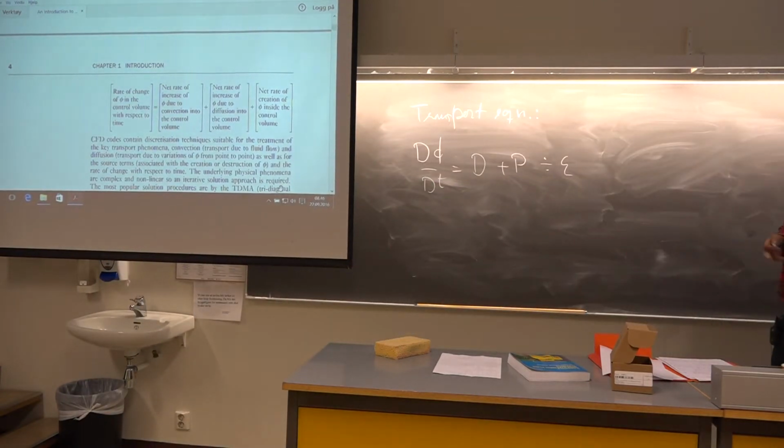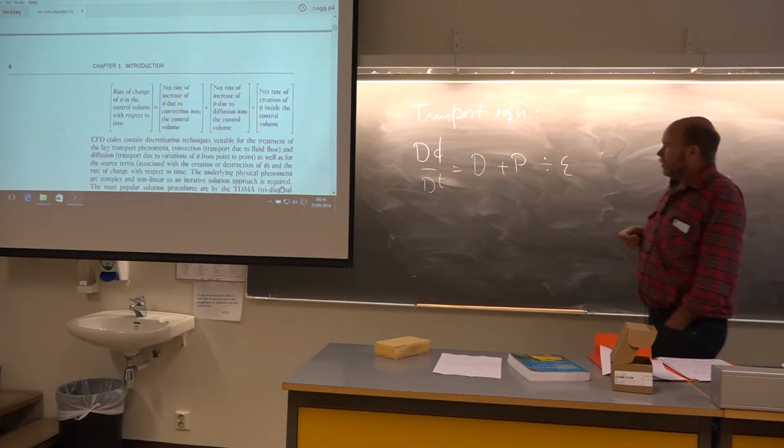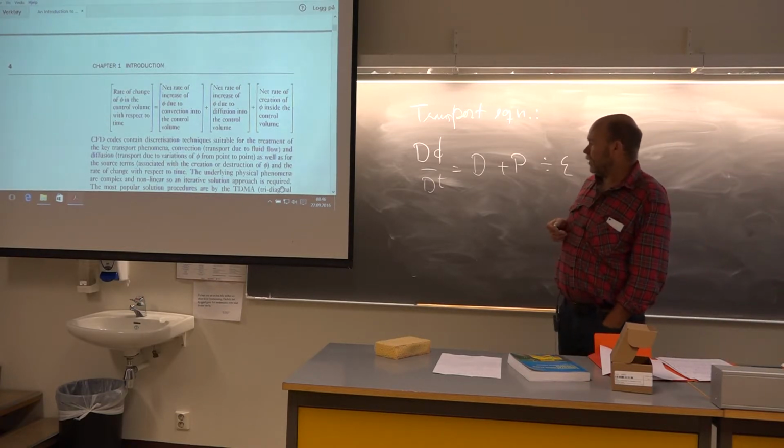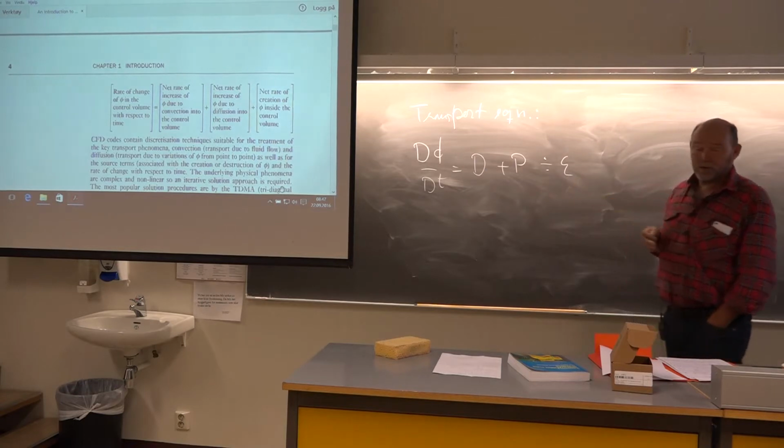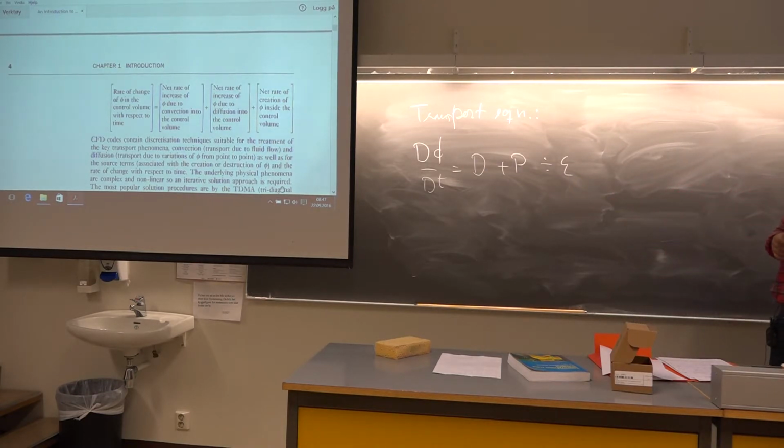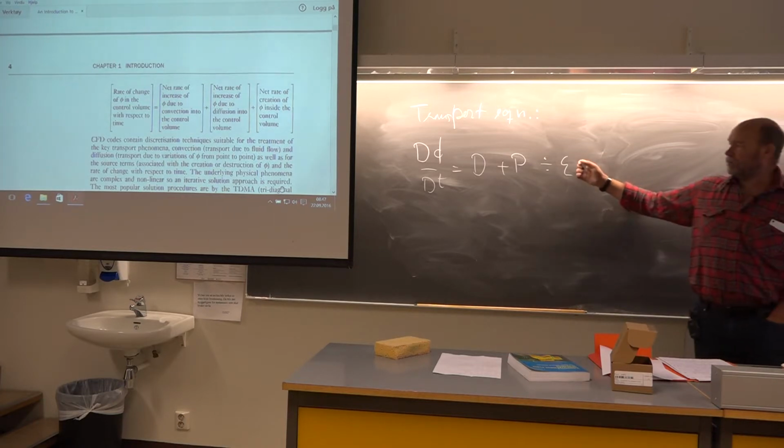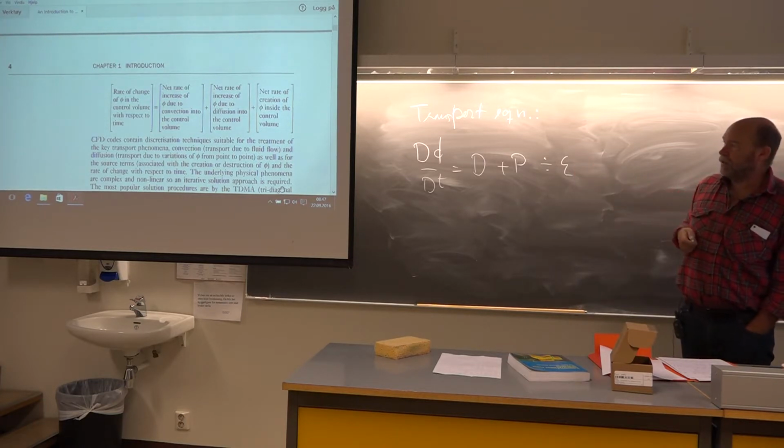And now it's a question of modeling, how to find these different terms. So for the Navier-Stokes, yes, we can sort of identify these terms and have correct analytical expressions for them. For other equations, then we can start here and start modeling. That's also an option.